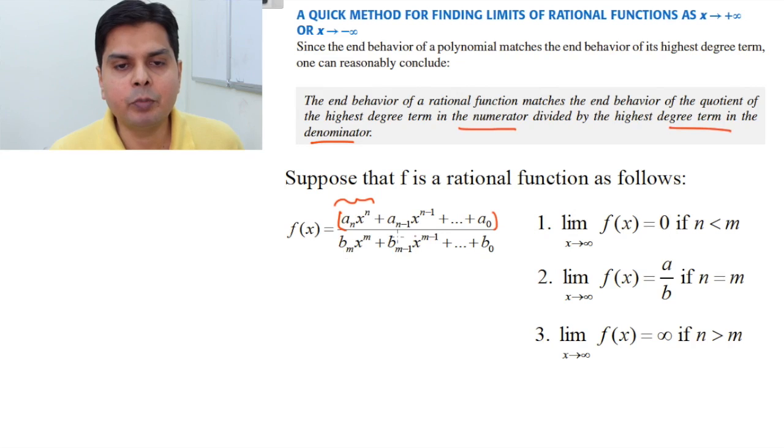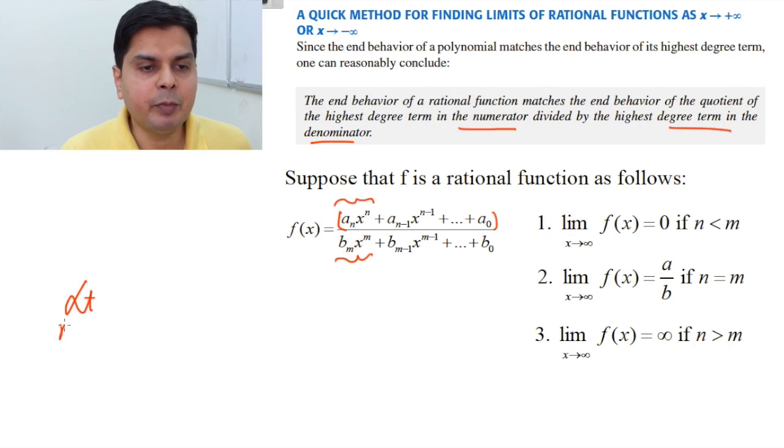Similarly, the polynomial in the denominator will be governed by the term bm x to the power m. So to find the limit of this rational function as x tends to plus or minus infinity, I should concentrate only on these two terms, an x to the power n and bm x to the power m.